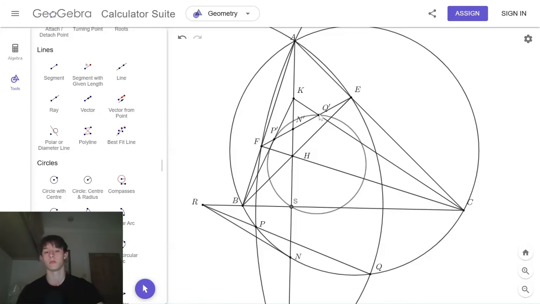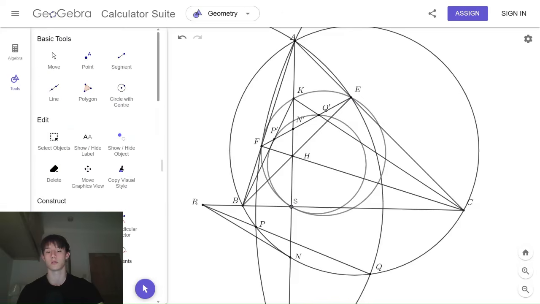We wanted HBC tangent to HPQ. Oh yeah, and HBC goes to this thing. So we want these two circles to be tangent. They are tangent.